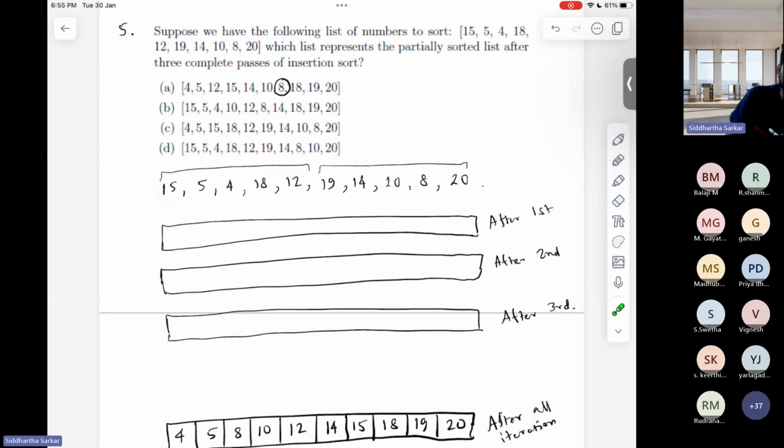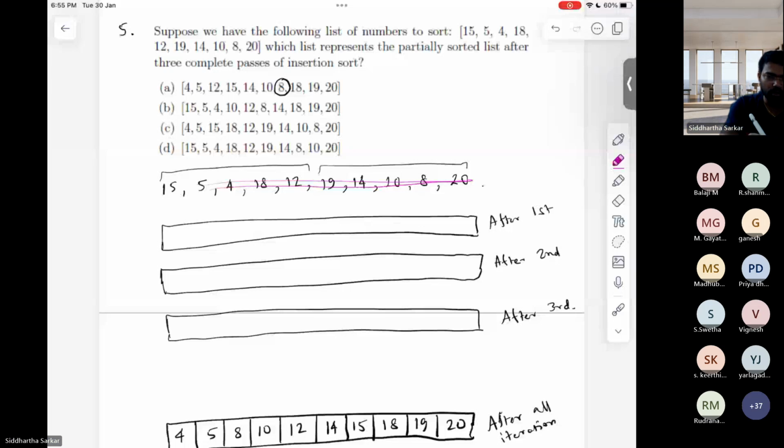If we don't look at anything except the first element, then that element by itself is in sorted order, irrespective of what has come later.